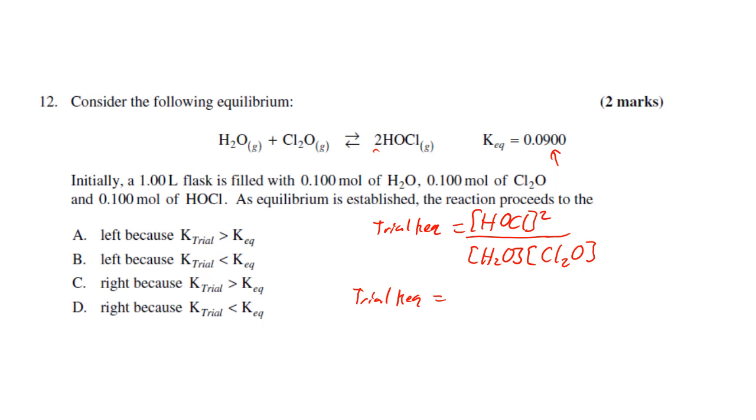So I'm going to take a look at HOCl, and it says it's 0.1. And that number is squared. And it also says that H2O is also 0.1. And it says that ClO2 is also 0.1.